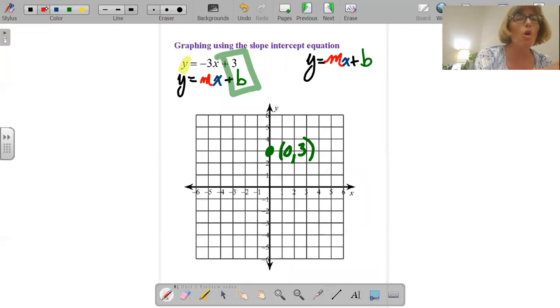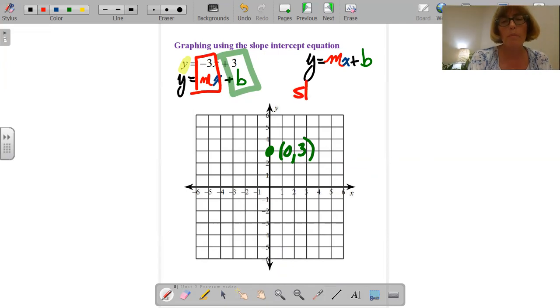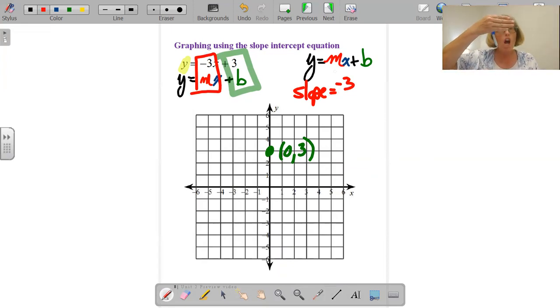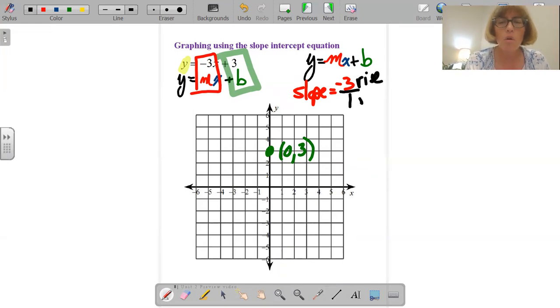Now my slope, be very careful here. It looks like my slope is -3. But remember, slope is rise over run. So anytime you have a whole number, you must put it over 1. Our rise over our run.